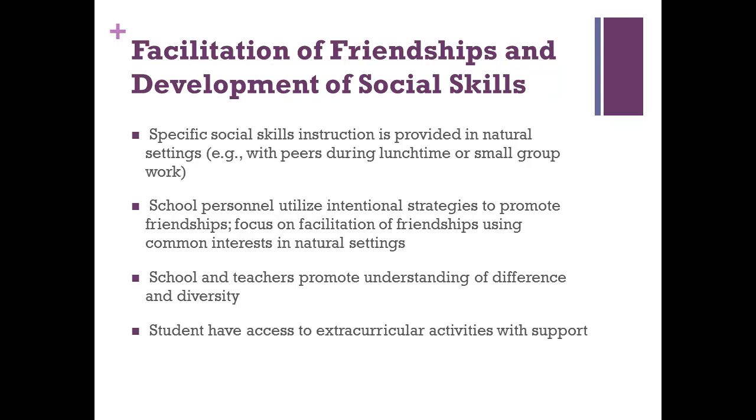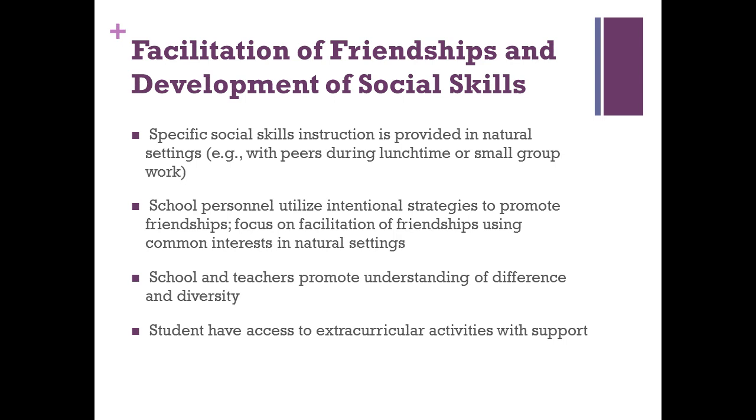The last essential element that I'm going to touch on today is the facilitation of friendships and development of social skills. A few big ideas here are that specific social skills instruction is provided during lunchtime or a small group, and that we're utilizing intentional strategies to promote friendships. We focus on facilitating a friendship using things that the students are interested in. Another element is that the school and the teachers promote an understanding of difference and diversity.